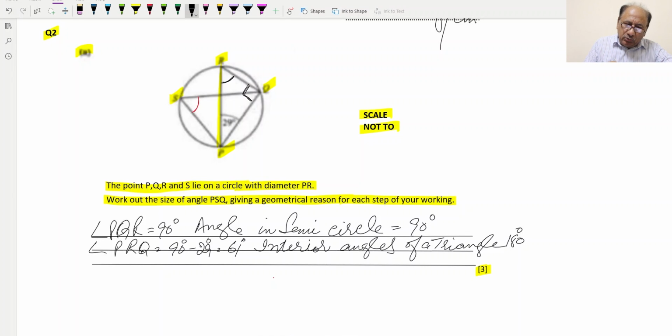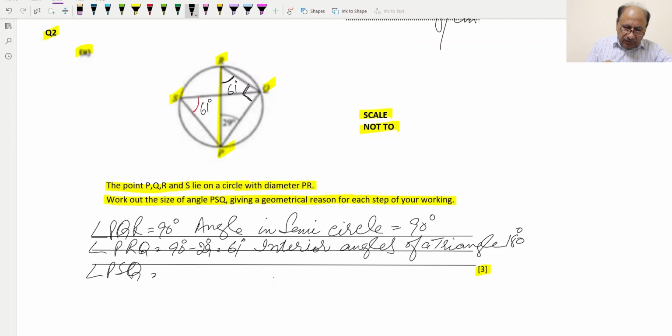Then the required angle PSQ is equal to, this is also 61 because these are top angles. This angle PRQ is 61, so PSQ will also be 61.